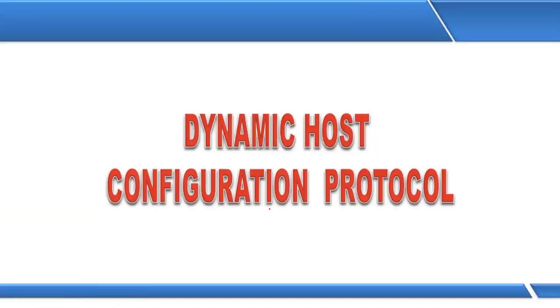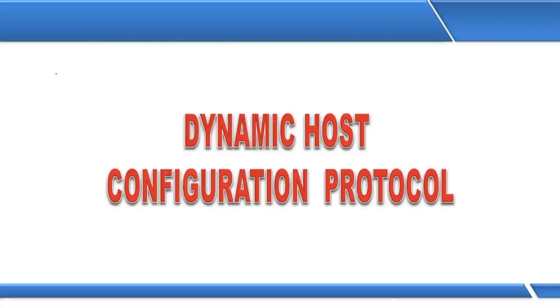Configuration means something we are configuring on our computers, something we are assigning. Host means computers. Our computers are technically called hosts: host 1, host 2, host 3. If you open any networking or IT book, it's written host 1, host 2, host 3. So it's like computer 1, computer 2, computer 3. And dynamic means automatic. So automatically, on our computers, we want to configure something.